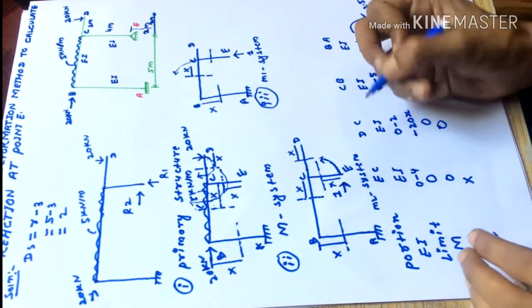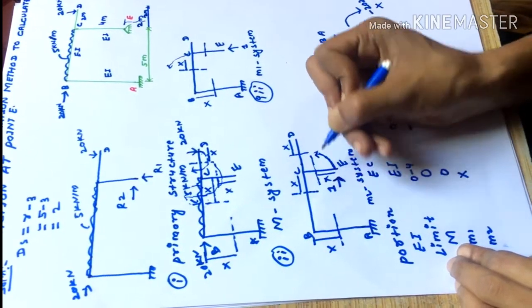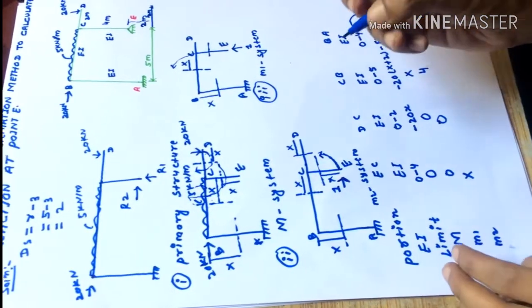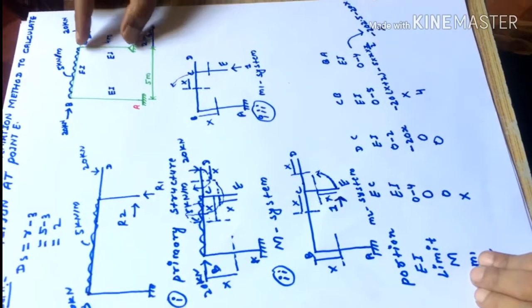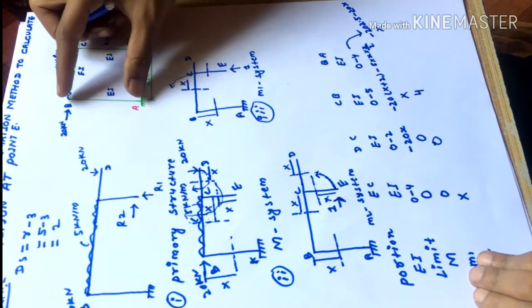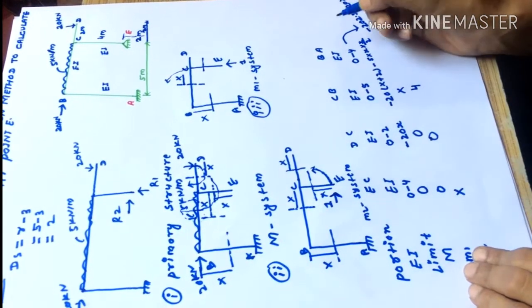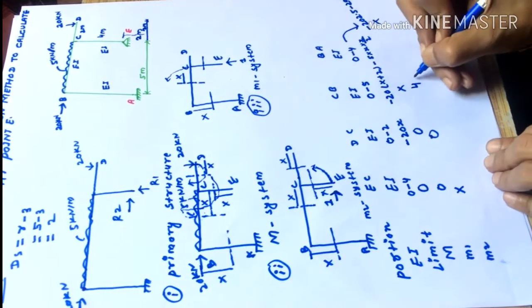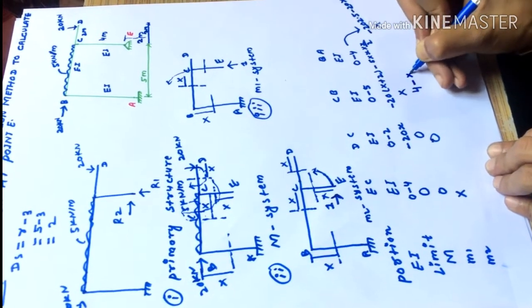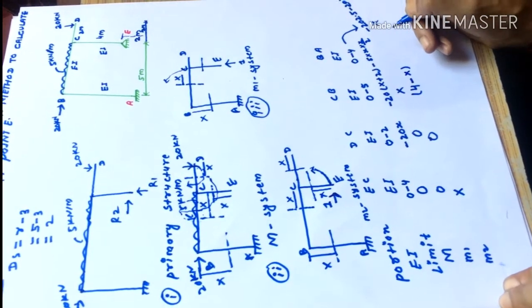So let us calculate. This force of 1 kilonewton will rotate in anti-clockwise direction, and for the perpendicular distance, in the figure we can see this is 4 meter and BA is 6 meter, and the section is taken at a distance of x. So our perpendicular distance is 4 minus x multiplied by 1, that is 4 minus x.